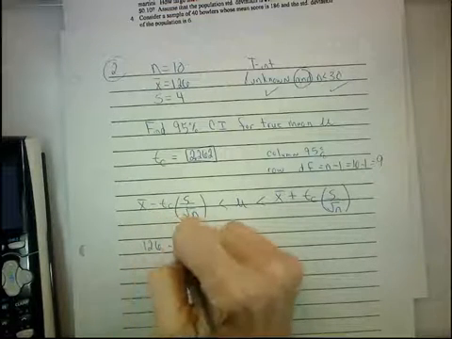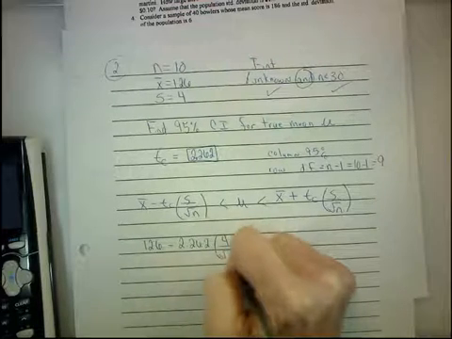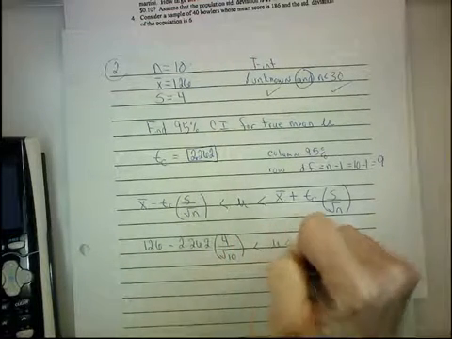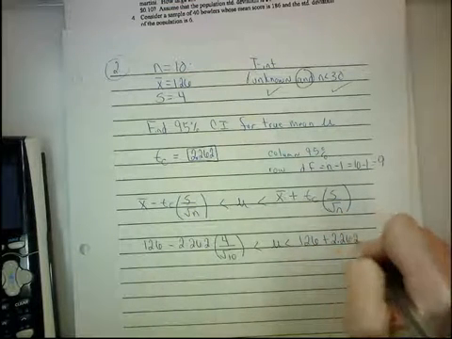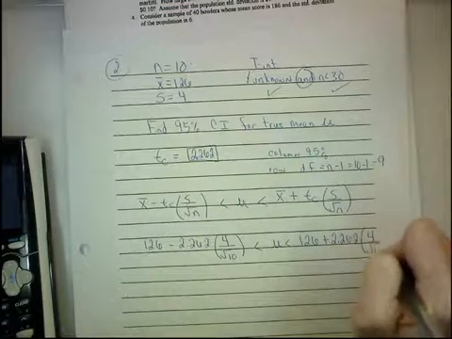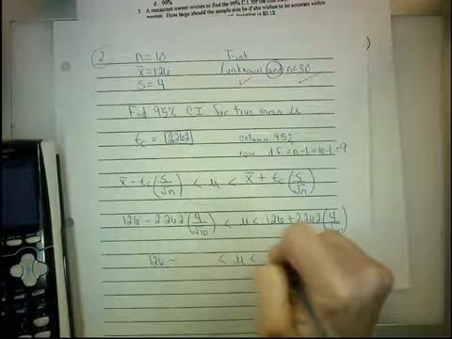So 126 minus 2.262 times 4 over the square root of 10, and 126 plus 2.262 times 4 over the square root of 10. E, 126 minus E, 126 plus E.